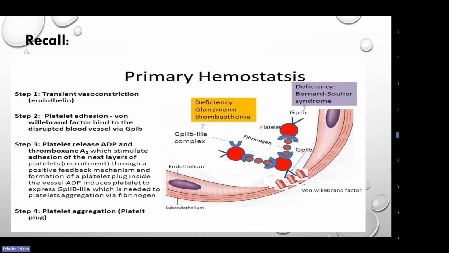And then Glanzmann thrombasthenia will affect the process of platelet aggregation, because the receptor that is defective in the disorder is glycoprotein 2b3a, which is involved in platelet aggregation. If you understand the fundamentals of what I'm telling you, there is no disorder you look into that you will not understand.